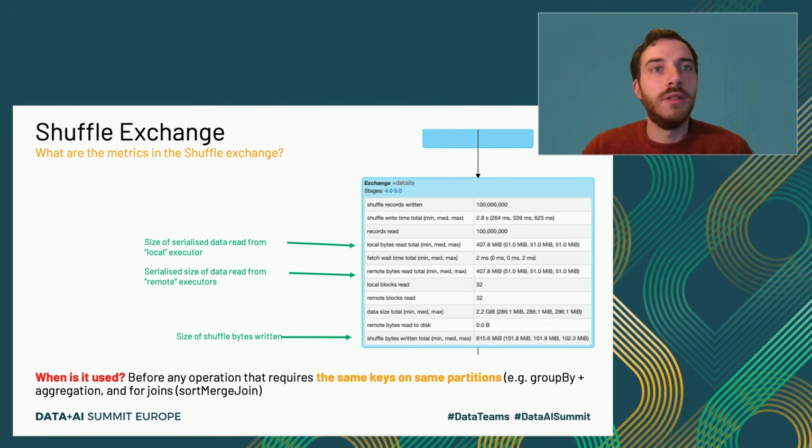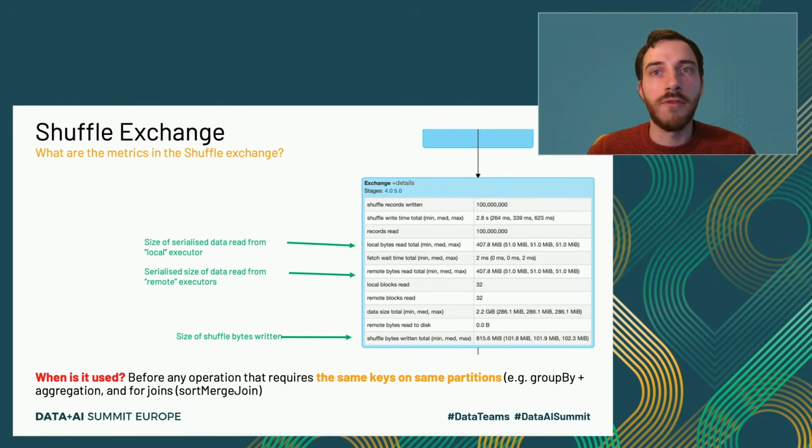All right, so let's look at some details of the exchange. There are two kinds of exchanges, the shuffle exchange and the broadcast exchange. The shuffle exchange is shown on this slide. So what does a shuffle exchange do? Basically, a shuffle exchange always consists of two consecutive stages, as seen here in the exchange operator visualization on the right.